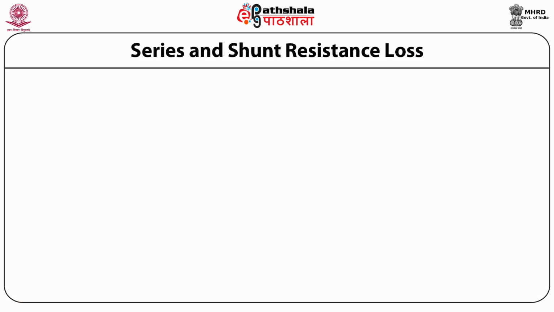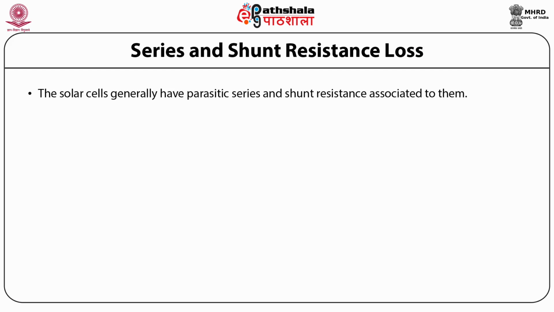Series and shunt resistance loss. The solar cells generally have parasitic series and shunt resistance associated with them. The current which is produced in a solar cell passes through the bulk before it reaches the contact grid.